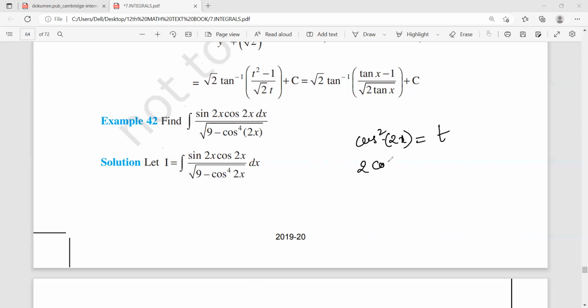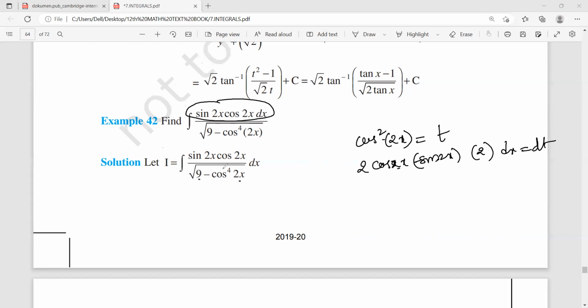Differentiating, 2 cos 2x into minus sin 2x into 2, dx is dt. That means numerator sin 2x dx is minus 1 by 4 dt, and 9 minus t square.